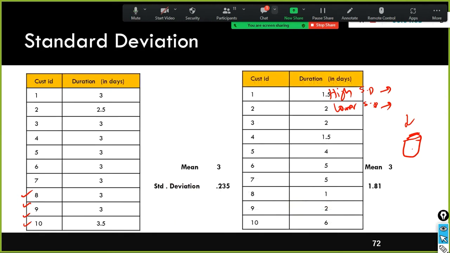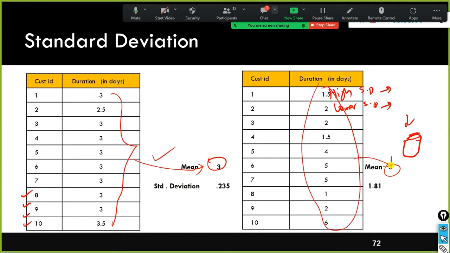In the previous example, we compared these two data sets. The mean for this data set is 3, and the average for this one is also 3. Both data sets have an average of 3. Does that mean both data sets are consistent?